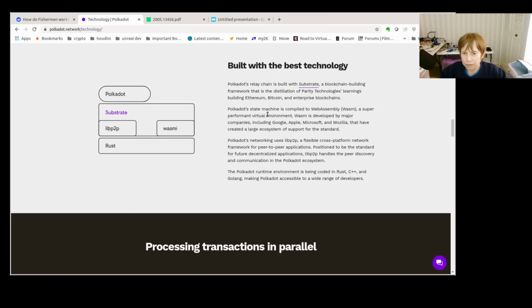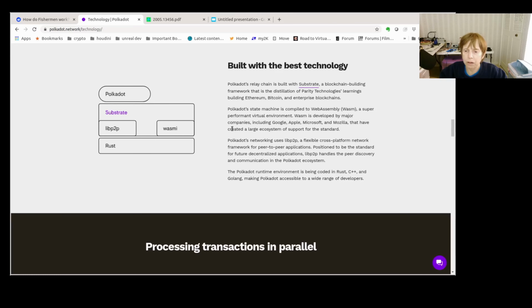The state machine is compiled to WebAssembly, and the runtime environment is coded in Rust.